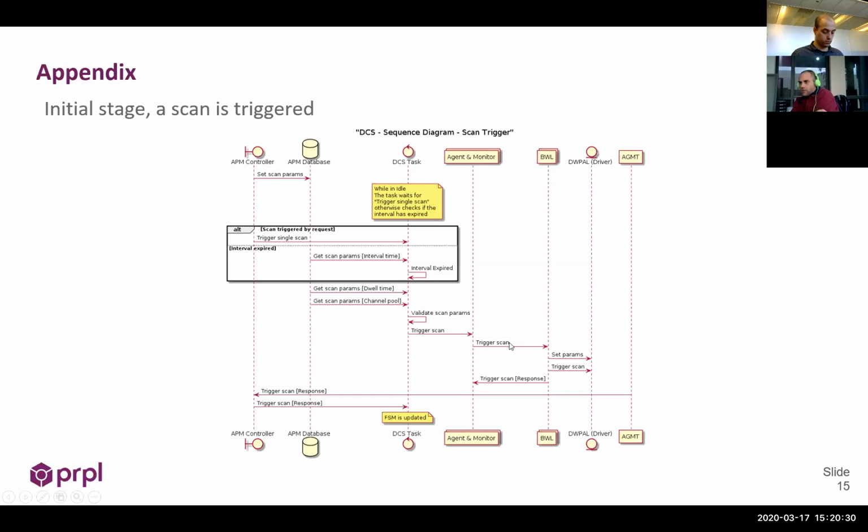From there, those parameters are sent to the DWPAL as parameters, and we request a trigger scan. The response is sent back to the agent and is forwarded to the controller, which basically updates the status of the task. That way we can follow exactly what is the most current status of the DCS scan.